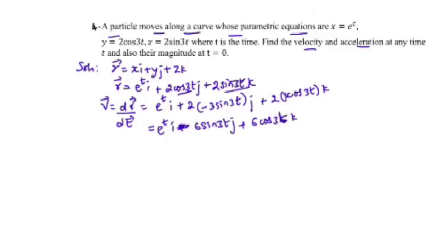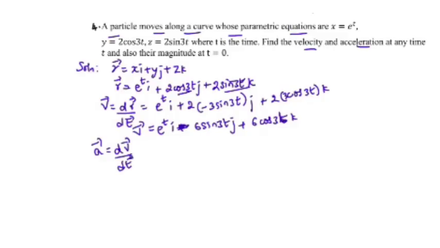So now we have the v vector, that is the velocity at the given point t. Next we will find the acceleration. What is acceleration? Acceleration is nothing but dv vector divided by dt.